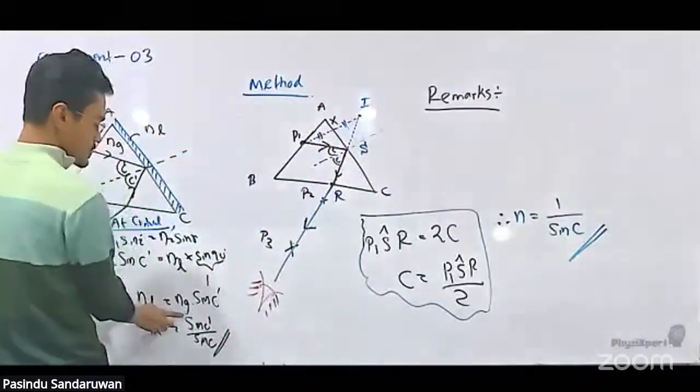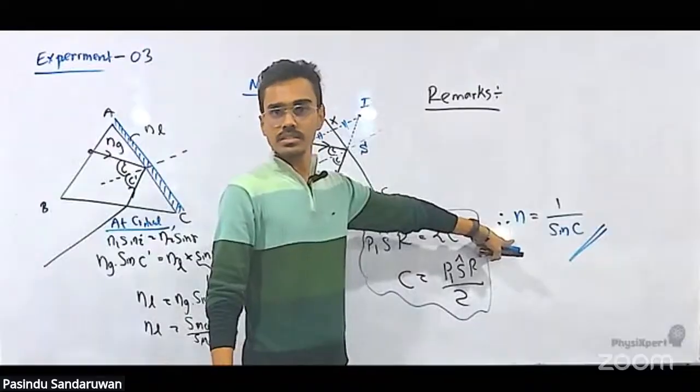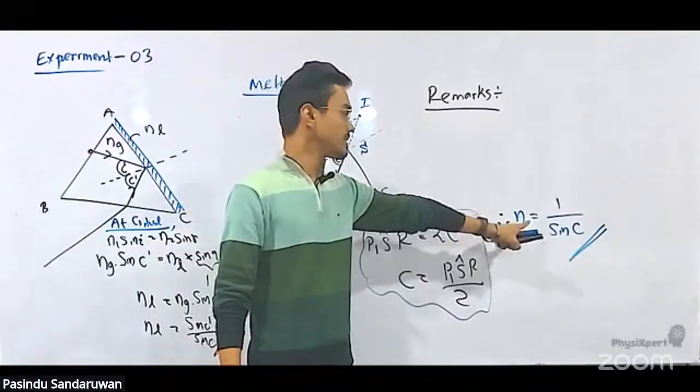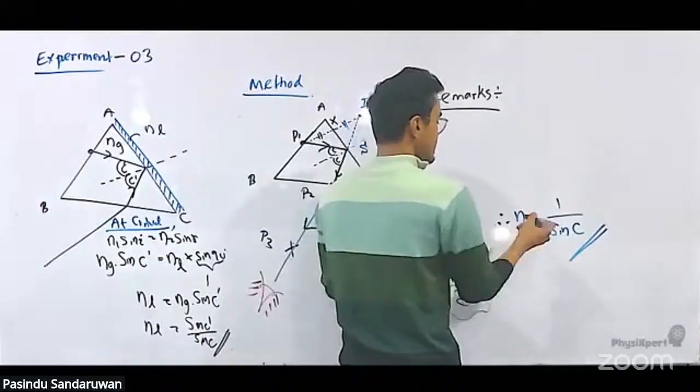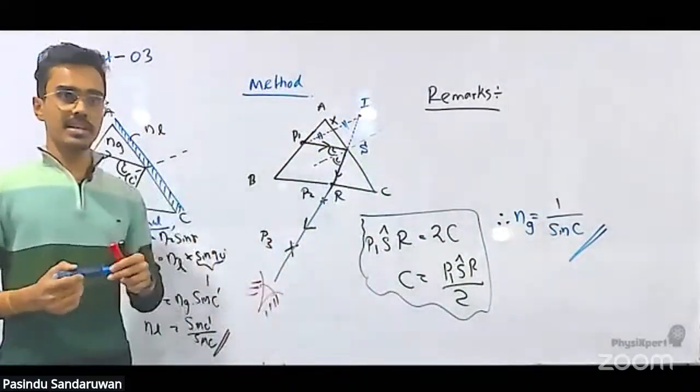I got this substitution for Ng from this one. This was Ng, the refractive index of the glass medium of the prism.